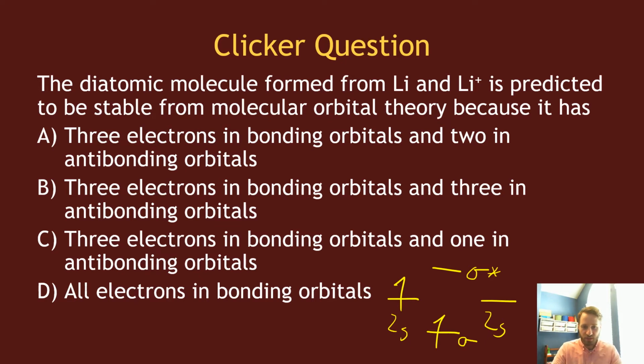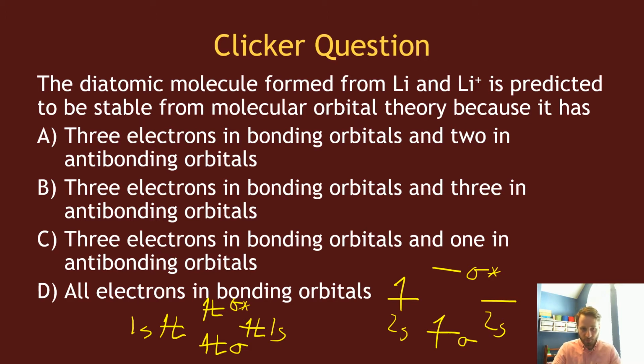Now the answers here have to do with more electrons than just one, so we also need to consider the 1s orbitals. For the 1s, we're double occupying both the sigma and sigma star orbitals. So in total, I have 3 electrons in the sigma bonding orbitals and 2 electrons in the anti-bonding orbitals.